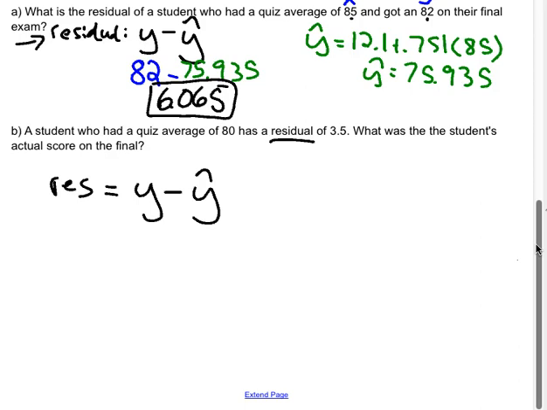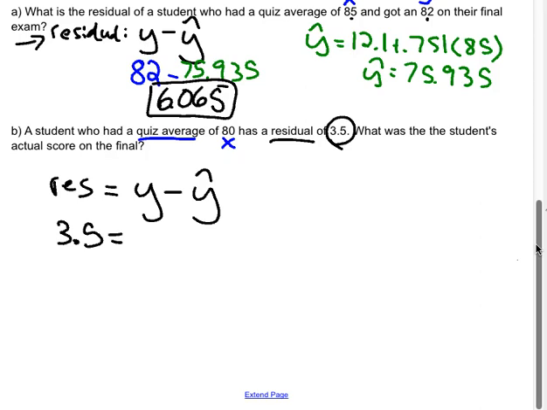Now this time I'm actually given the residual. And then a quiz average, that's going to be an X value again, right? We're using those quizzes to talk about their actual final score. And so we want to know, what was that student's actual score? But notice we're missing both pieces still. So that's interesting, I guess.